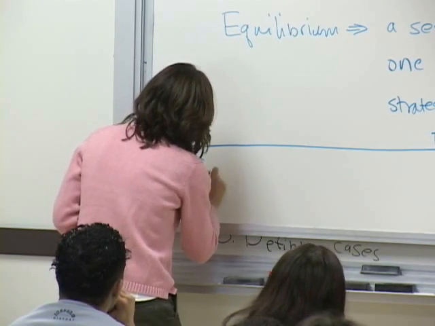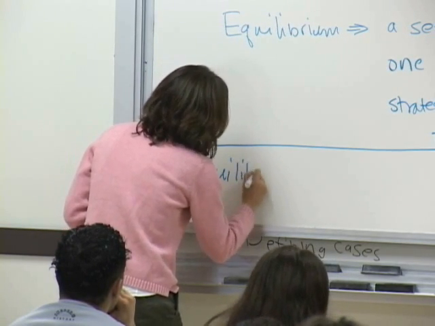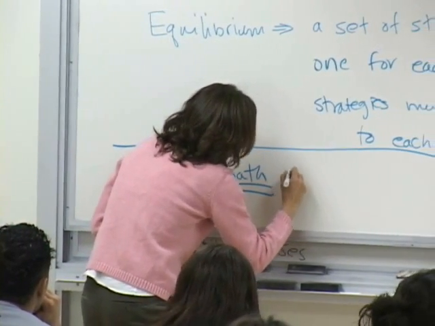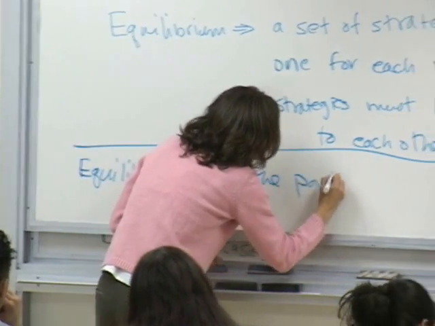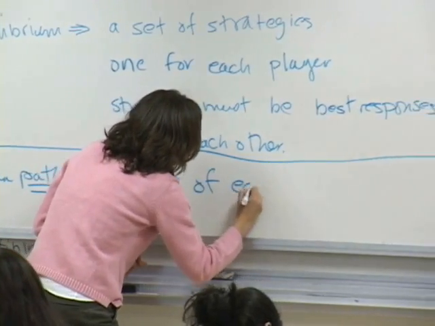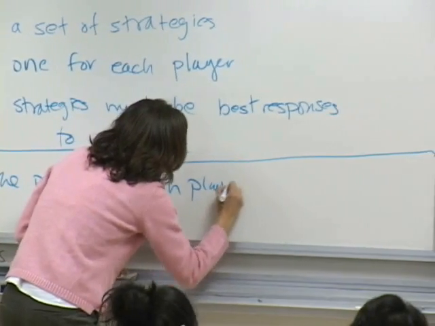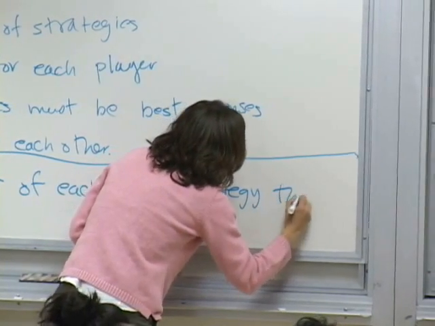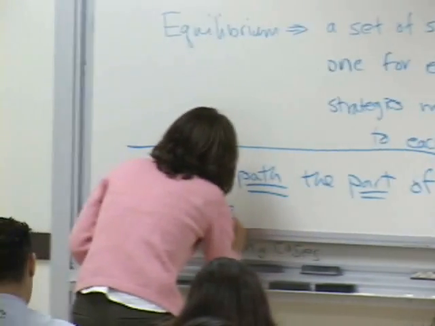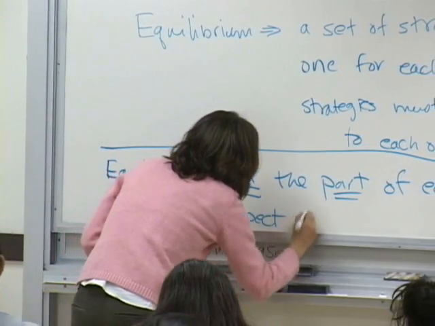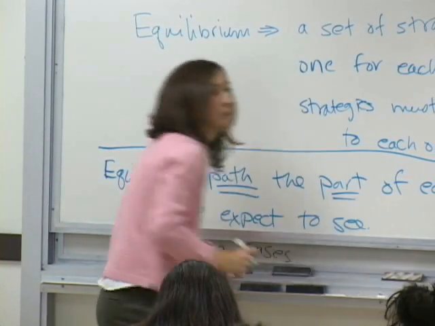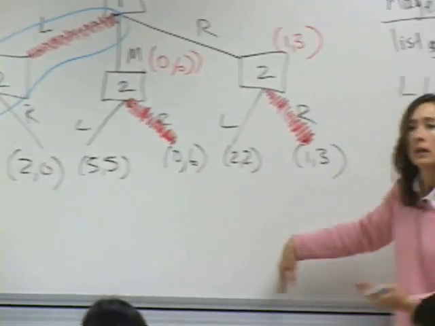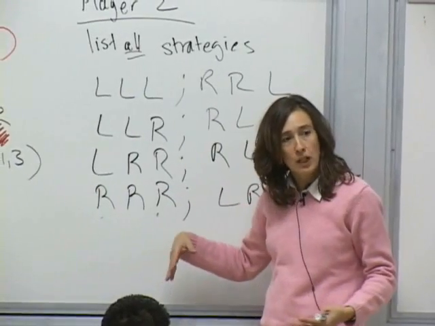The equilibrium path is the part of each player's strategy that we expect to see. Okay? So in this equilibrium over here, let's go ahead and write out the full equilibrium and then find the equilibrium path part of it.